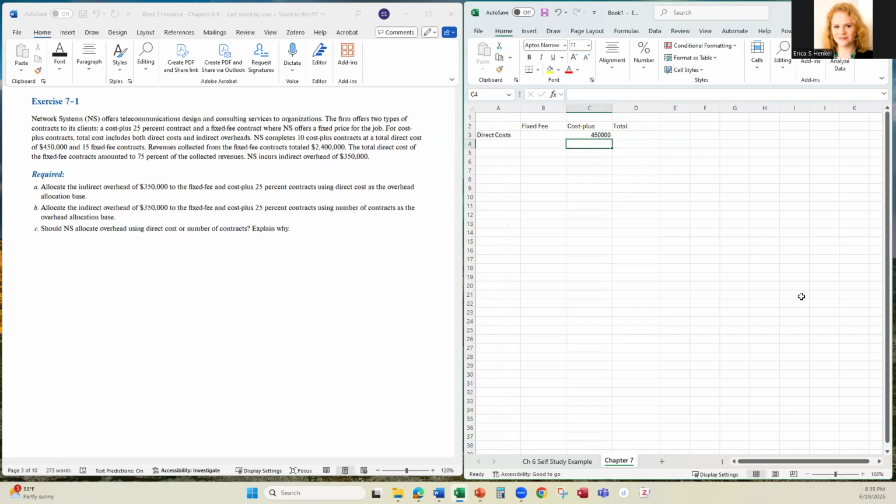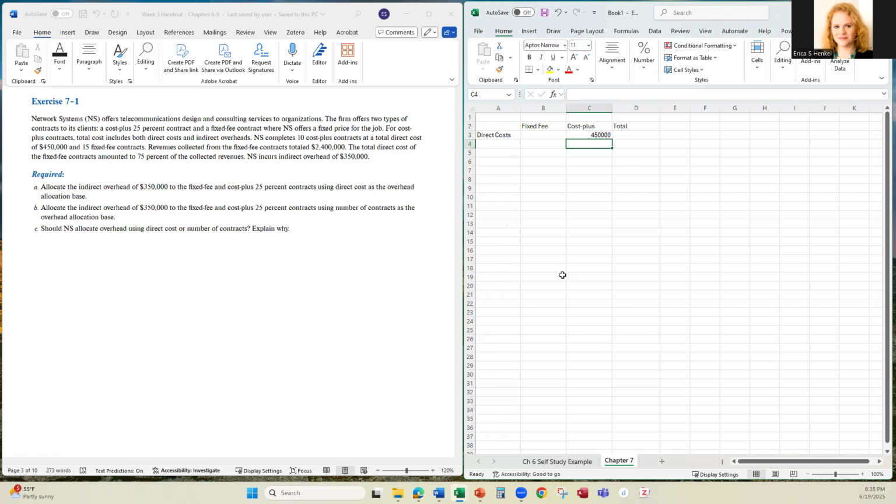Okay, and 15 fixed fee contracts. Revenues collected from the fixed fee contracts totaled, okay, so that's revenues. We don't want to mix up our costs and our revenues here. All right, so I can kind of ignore it.